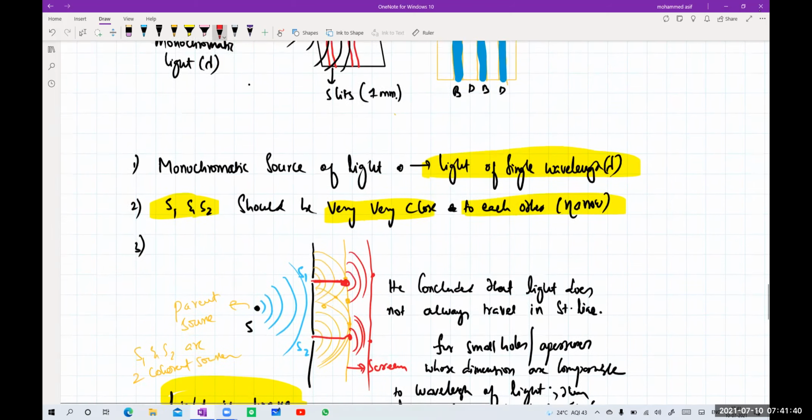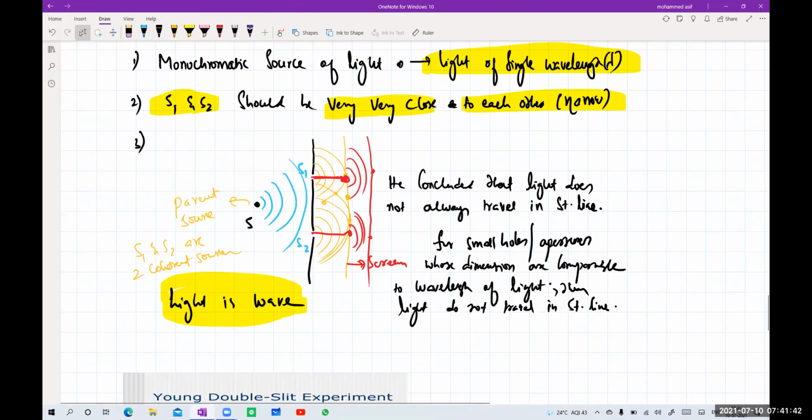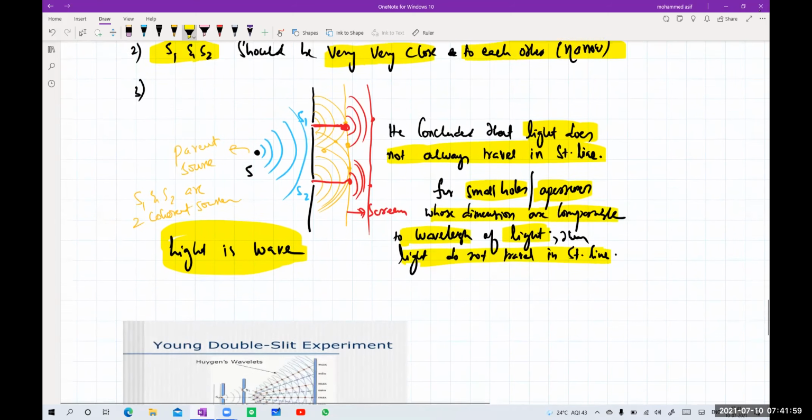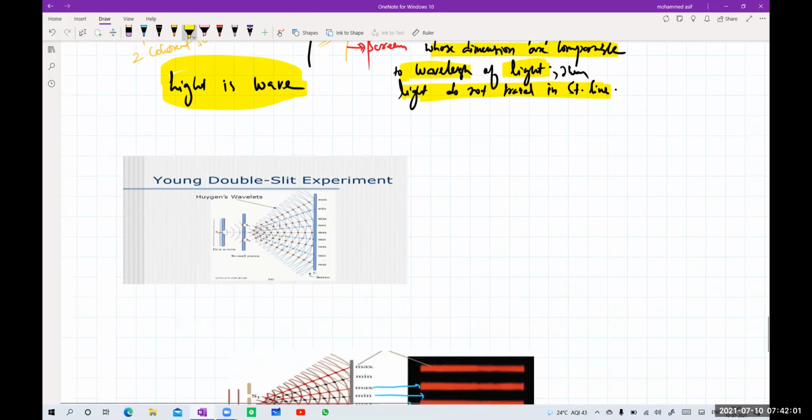So what is the role of the YDSE experiment? It concluded that light does not always travel in a straight line. For small holes or apertures whose dimensions are comparable to the wavelength of light, light travels in the form of waves. That proves light also has a wave nature.